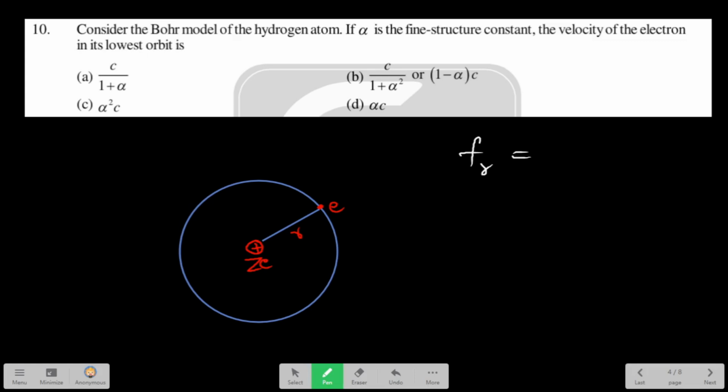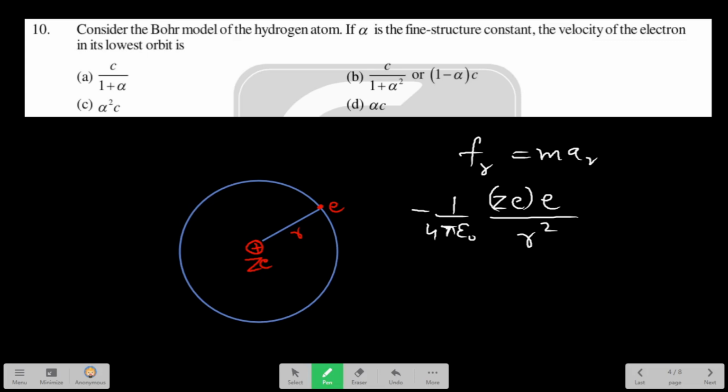Fr is equal to m ar. Force radial is equal to mass times radial acceleration. Here radial force is the Coulombic force between the electron and the nucleus, and it is equal to minus 1 by 4 pi epsilon naught Ze, the charge of nucleus, times charge of electron divided by distance square, r square.